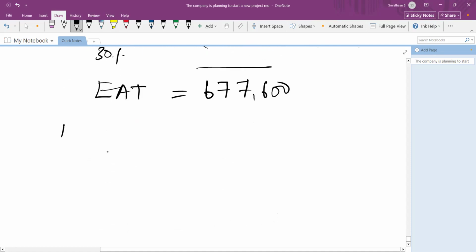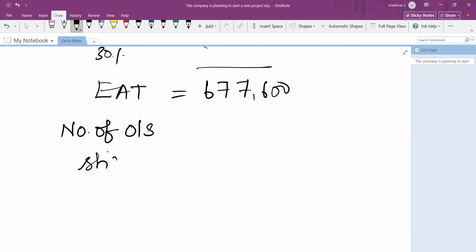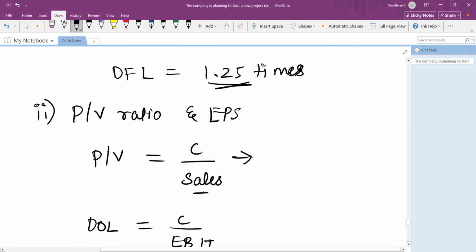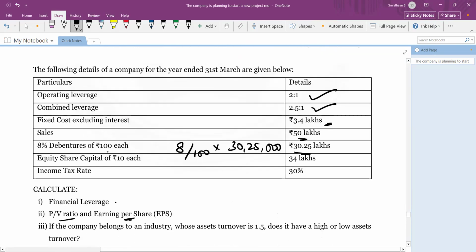Now, what is the number of outstanding shares? We divide this earnings after tax by the number of outstanding shares so that we can calculate the EPS. In this question, the total equity share capital is given as 34 lakh and face value of one share is 10.